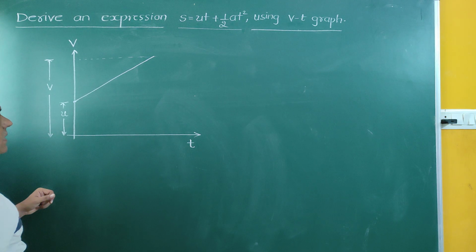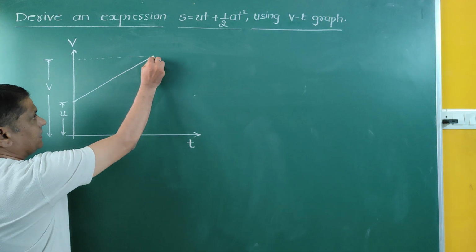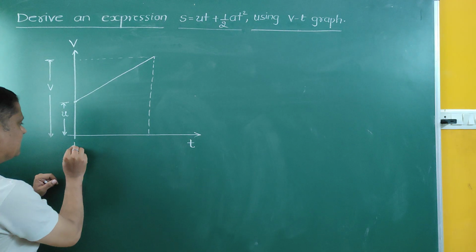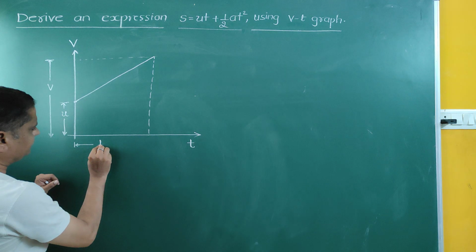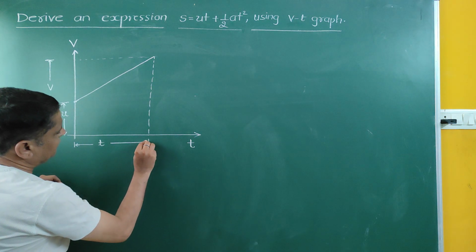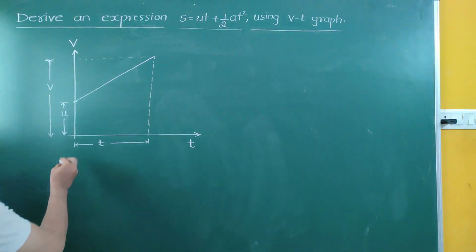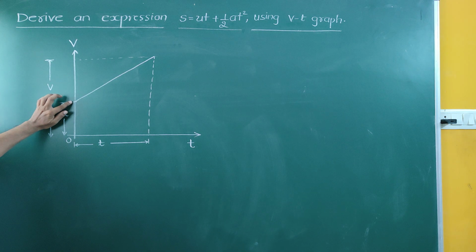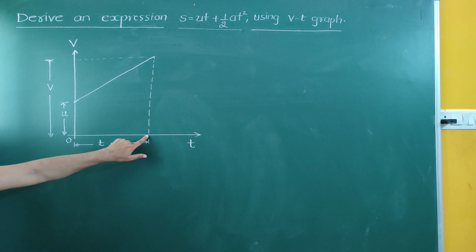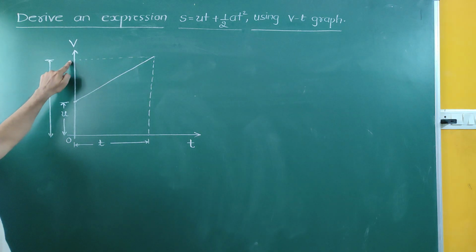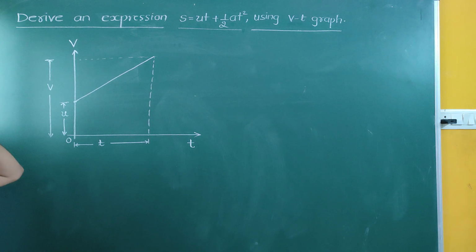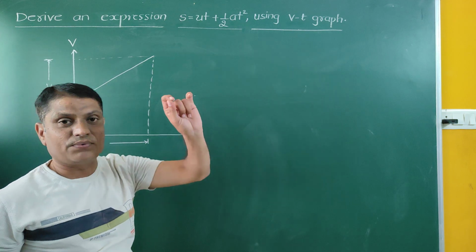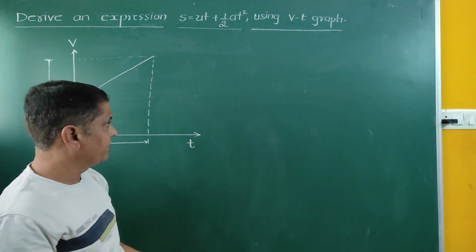If I draw like this, this is a time t. It means at time t equal to 0, the body has velocity u, and after the time t, its velocity becomes v.